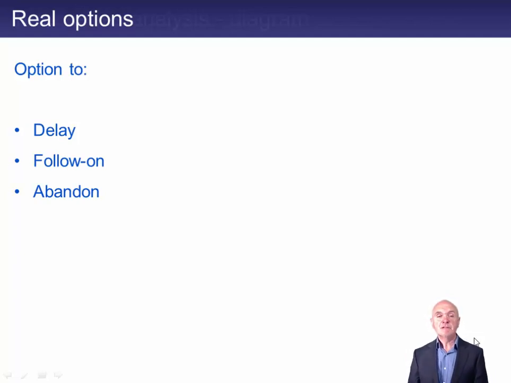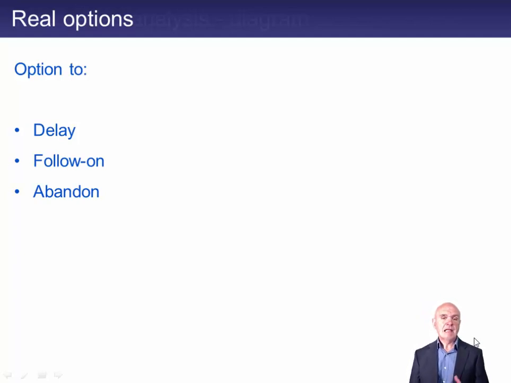One is the option to delay or postpone something. So we think we might want to build a factory, but we're not absolutely sure yet. It rather depends on what the economy is going to be doing in 3 years' time, something of that sort. We have a plot of land on which the factory could be built.